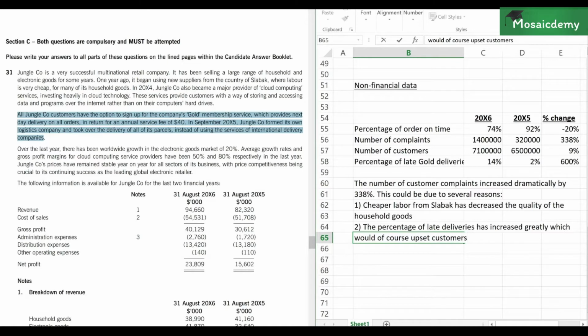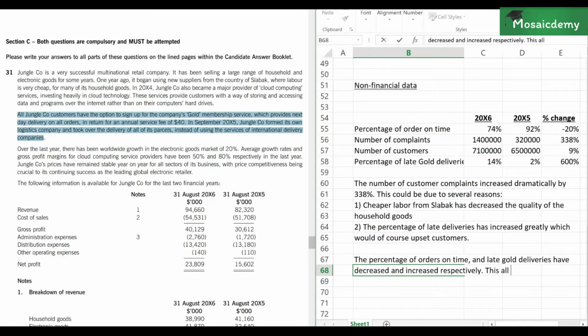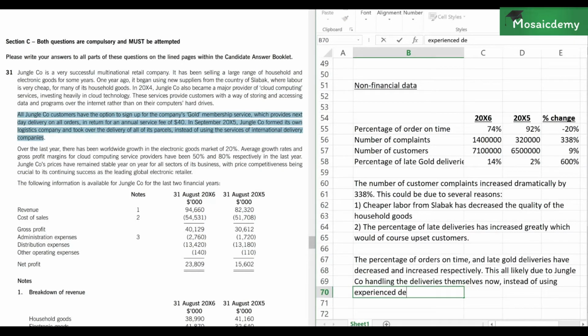So we add this point here and we can mention the percentage of orders on time and late Gold deliveries have decreased and increased respectively. This is all likely due to Jungle Co handling the deliveries themselves now instead of using experienced delivery companies.